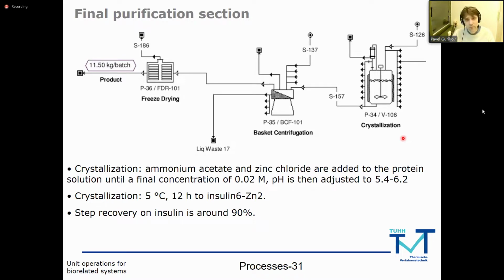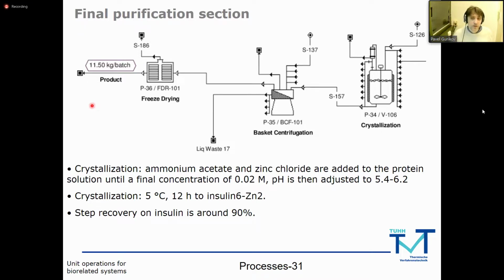Under vacuum, water remains solid, and at the same time, a vapor pressure is kept over the water of the crystals with the ice low, so that's why it can sublime from the chamber. This is a pretty energy consuming process. And then finally, at the end of all purification steps, you have 11.5 kilos per batch.